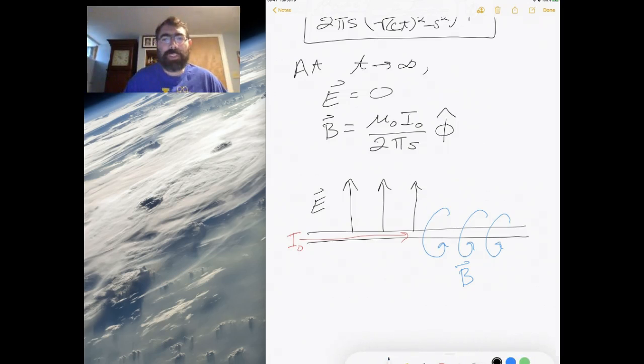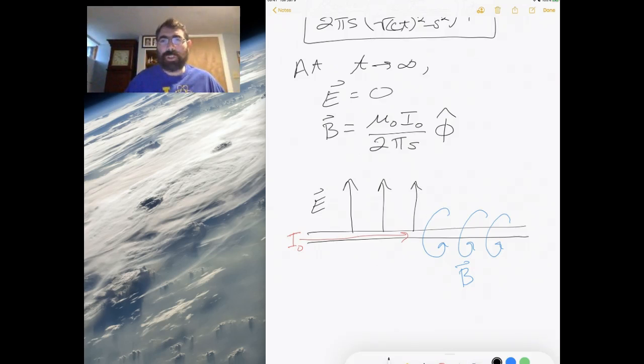But what you find is that after you turn it on, it eventually settles into a constant current. If the current is constant, that's essentially the static case. And so if it's a static current, the electric field goes to 0, and what you're left with is the magnetic field around a constant current, which you could solve for with Ampere's law.